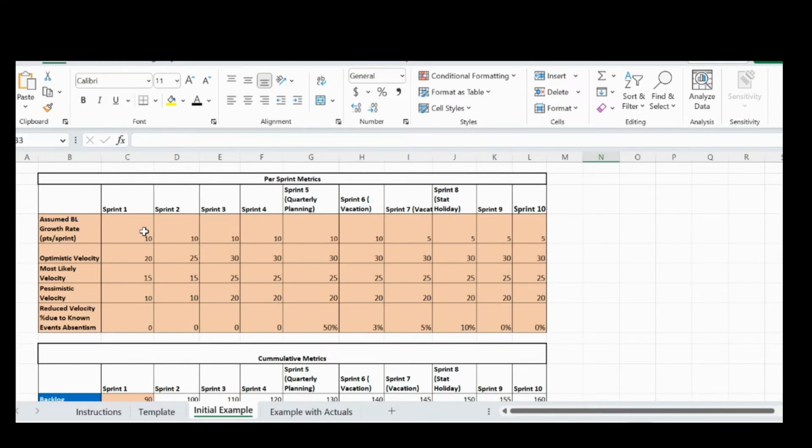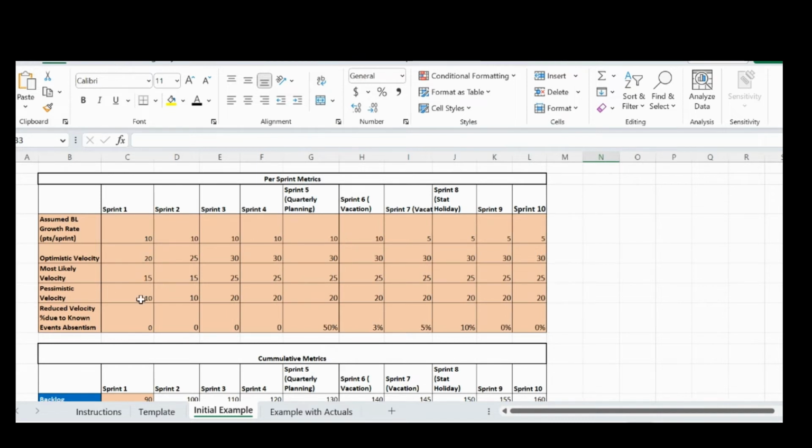In my project, up until sprint 6, I had assumed 10 points per sprint, and then after that, I assumed 5 points. Why? Because by then, we were expecting that we had groomed enough stories and reached a critical mass of certainty, so that there is less need for the backlog to grow.